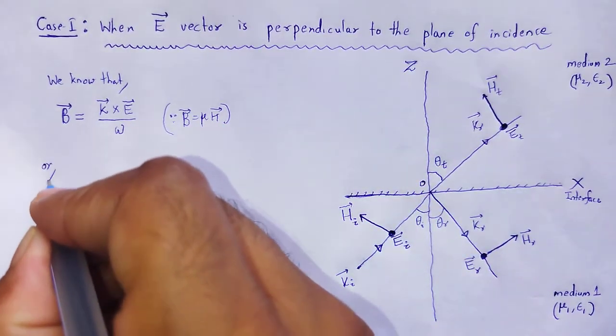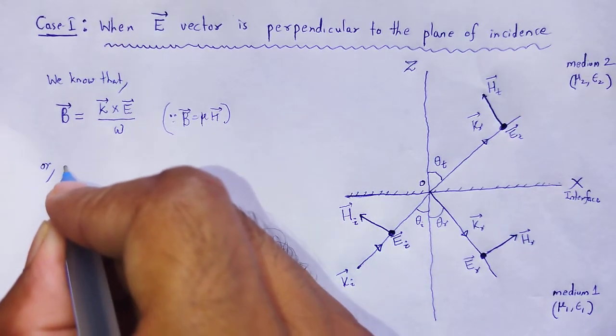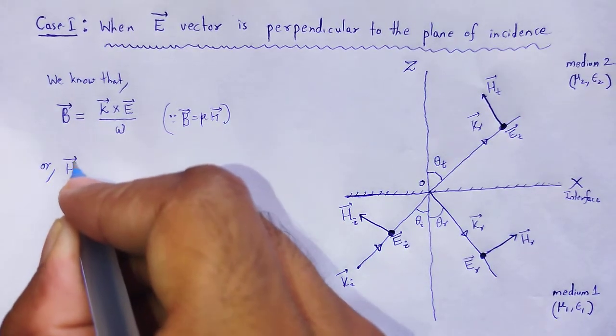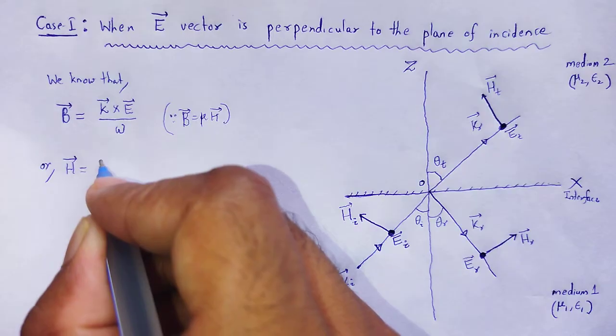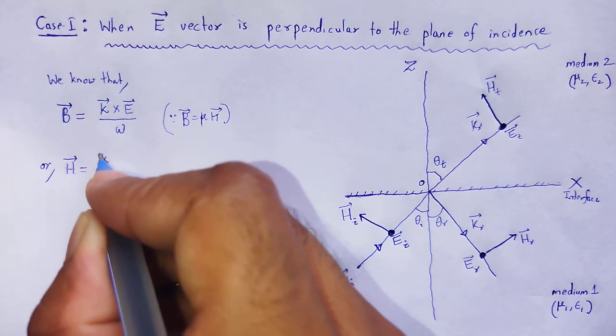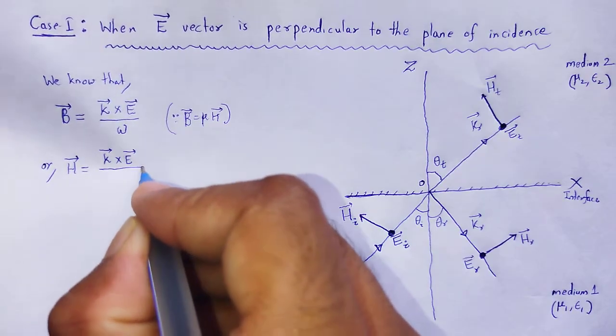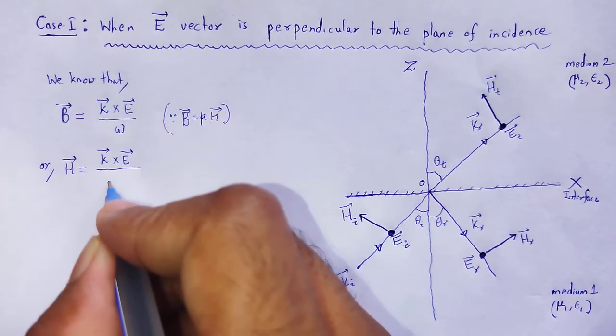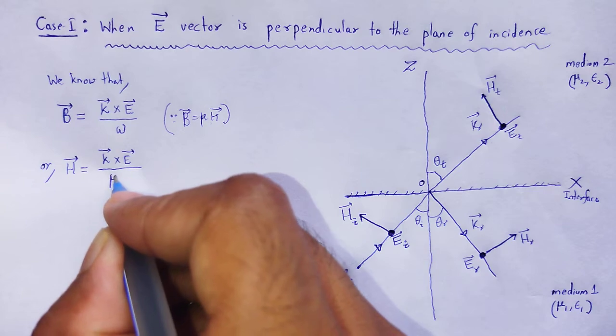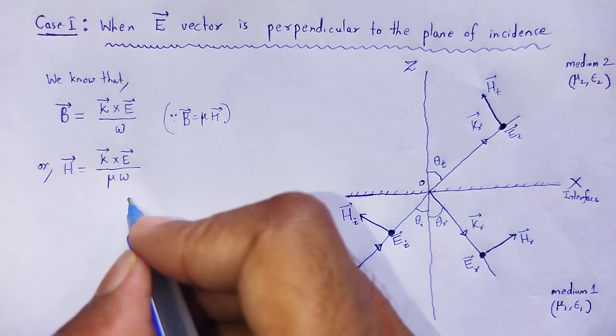That is why in place of B vector we write H vector is equal to K vector cross E vector divided by mu omega.